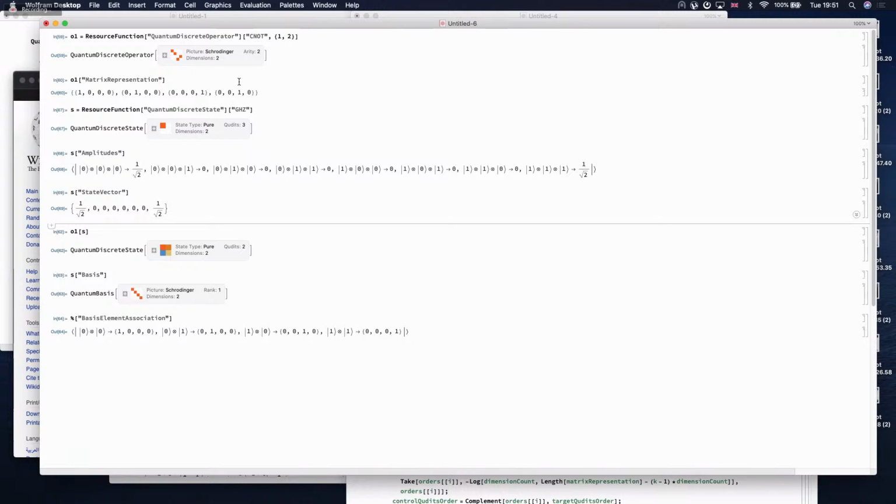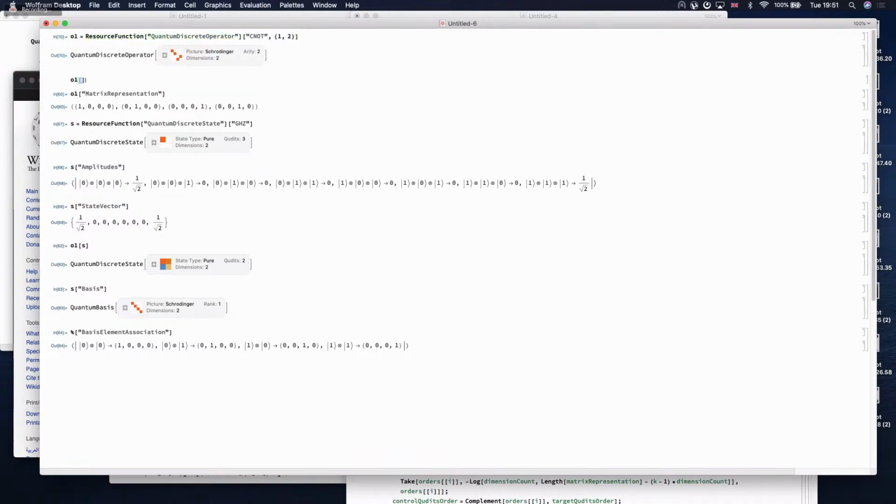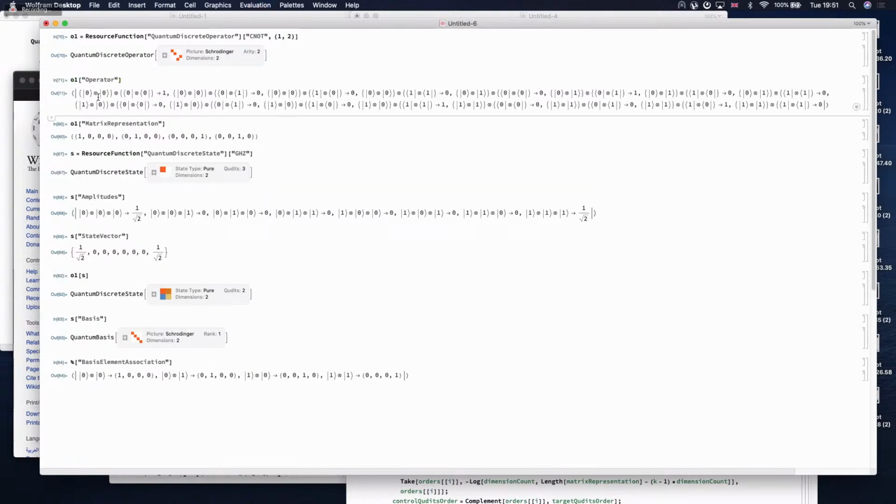The open secret about the QC framework is that literally everything is an association. An operator is really just an association. If we say the discrete operator, we can get its operator form. It's a bit more complicated because this is a two-dimensional matrix, so we've got a ket tensor product with a bra. And that gives us the matrix elements.